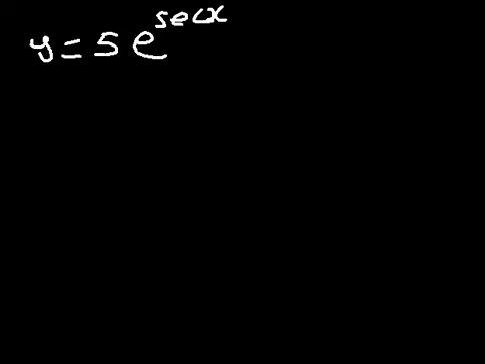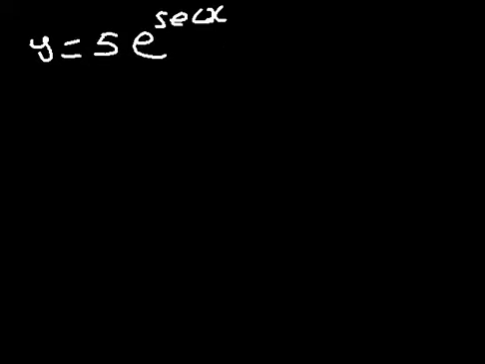Of course, some people tend to use the product rule. It works as well, but it is tiresome. You just skip that one out, differentiate this one, then multiply that one by it. It is the same. So feel free to use the product rule. It will give you the same result.